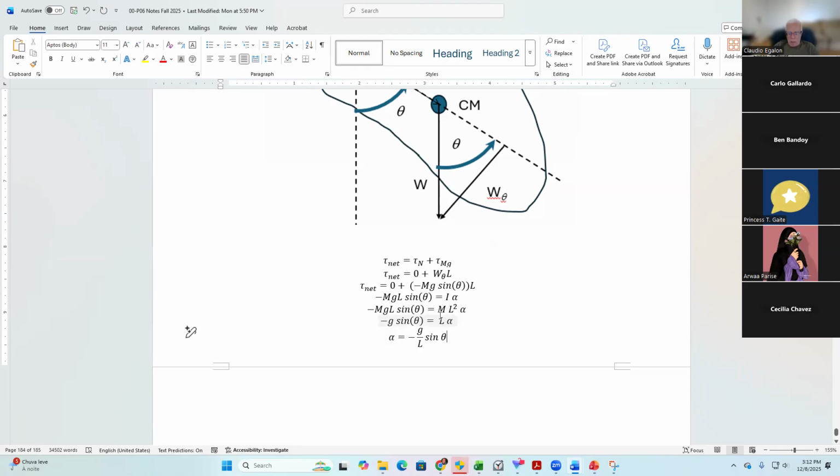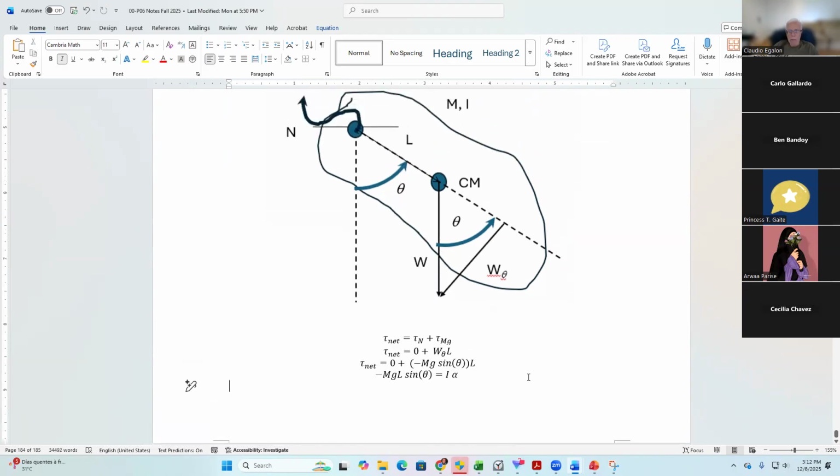I will keep the I here. We don't need that anymore, we don't need that either. Remember, what you saw before was the derivation for the point particle.